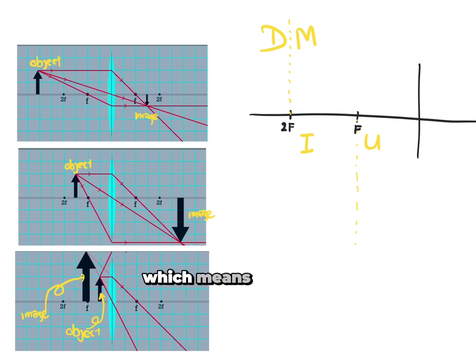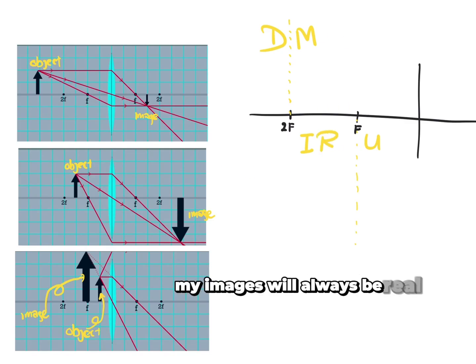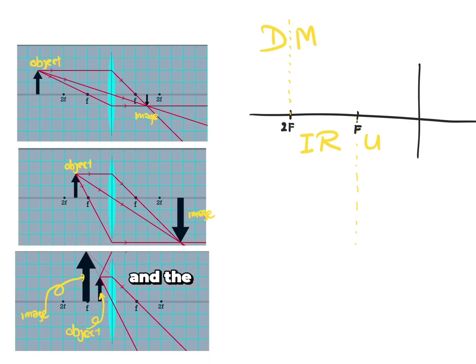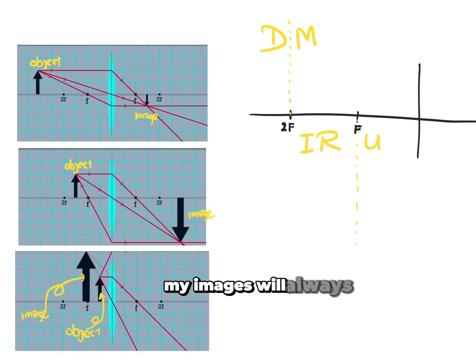Whatever I have on this side, my images will always be real. And the moment my object moves to this zone over here, my images would always be virtual.